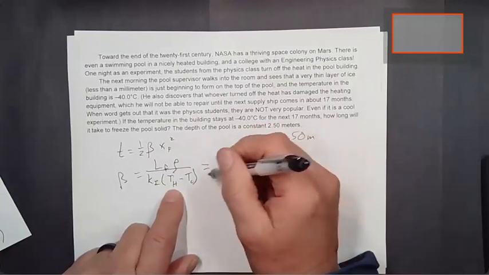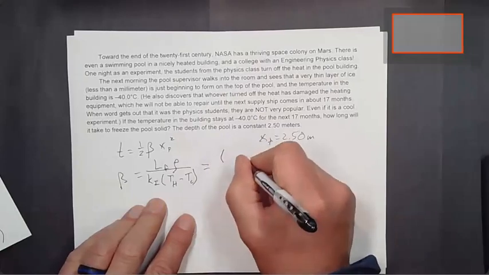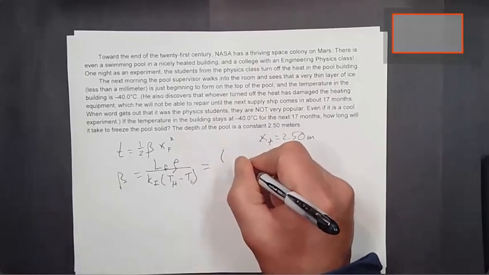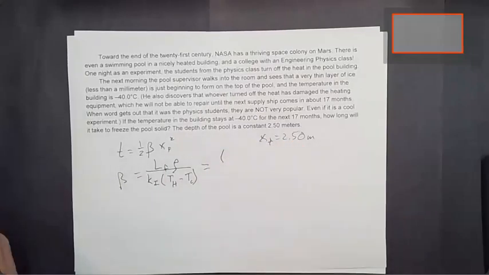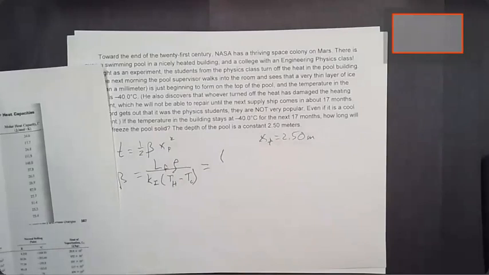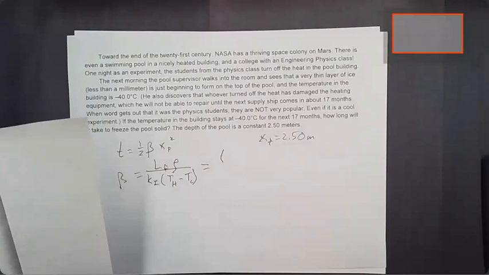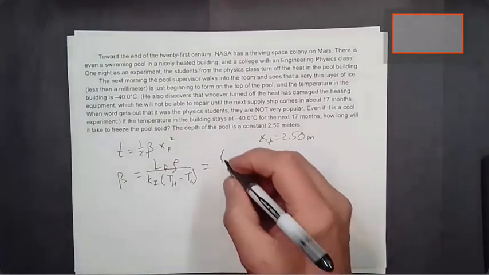T hot is 0 degrees, T cold is -40. So let's go ahead and plug in all the numbers here, which for some reason I don't have written down here. Oh, on the back of this. Heat of fusion of ice, if I remember, is 334,000, 3.34 times 10 to the 5th joules per kilogram.